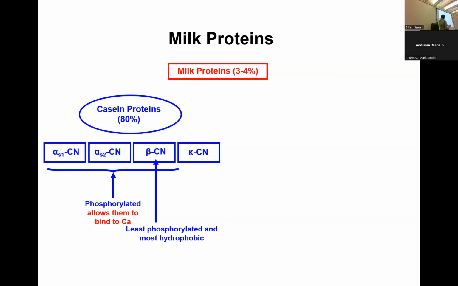So it's the most hydrophobic casein among those four, stabilized within the micelle mostly by hydrophobic interaction. That's why, if you remember, I asked this question before, when we put the milk in the fridge at a temperature of 4 degrees, some of this beta casein leaves the micelle and goes into the whey fraction. And why is that? You remember? Something about, huh?